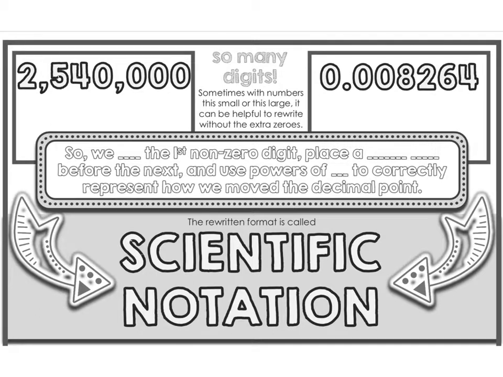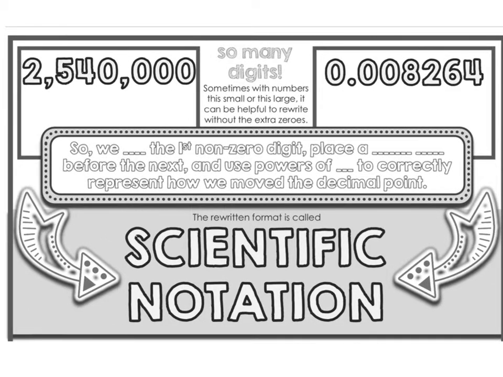Let's start off with these digits, so many digits. To the left here, this is a very large number, 2,540,000. And to the right, we have a really tiny number. It's not even a penny when I think of it in terms of money.